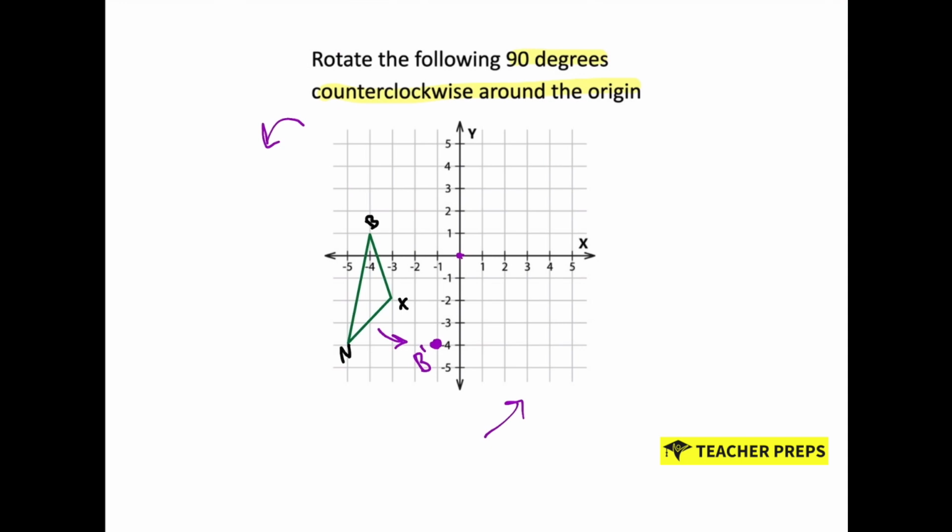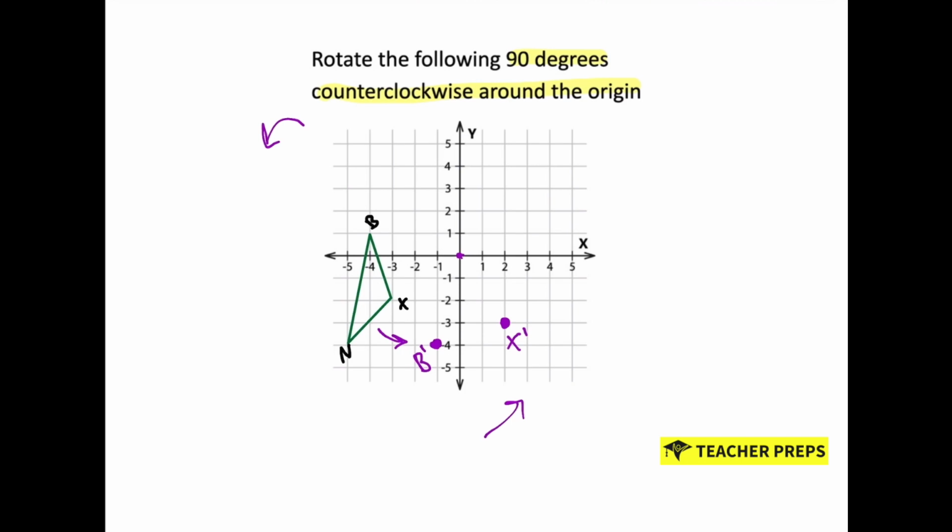Now let's move point X. Point X is 1, 2, 3 units along the x-axis, and then down 2. To find its new position, we're going to go down the y-axis, 3 units. We need to then go 2 units to the right, so we're in the next quadrant over. And now we have X prime.